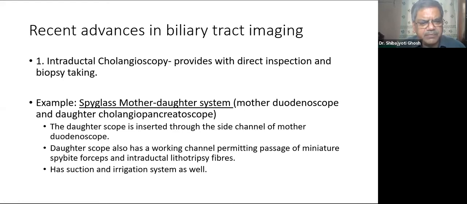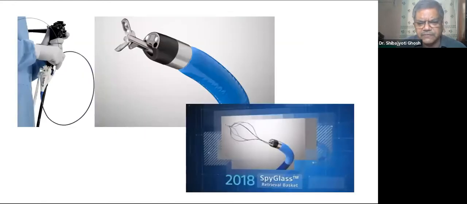But remember the Spyglass cholangioscope can be used nowadays, and some institutions of repute like Asian Institute of Gastroenterology, I think, are doing it routinely, and maybe some other institutions are also using Spyglass cholangioscopy routinely. So these are some pictures of Spyglass cholangioscopy.